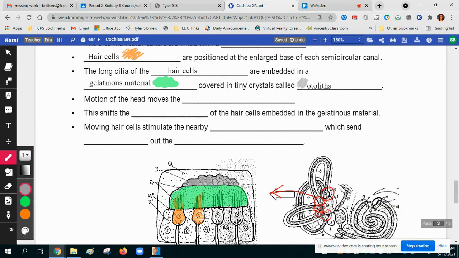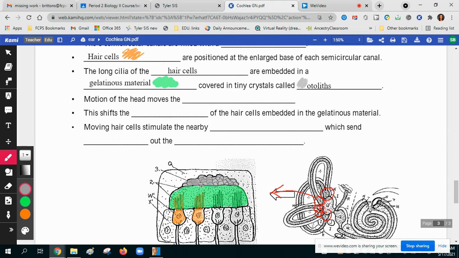All right, so what is this all about? So the way we know that we're in balance or unbalanced is really by movement of our head, because that's where the mechanism is that notices. So when we move our head, if we tip our head to the right or we tip our head to the left, that's going to move these crystals, which is also going to shift this gelatinous material and the hair cells' cilia, because we've shifted.